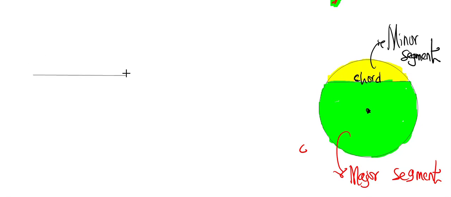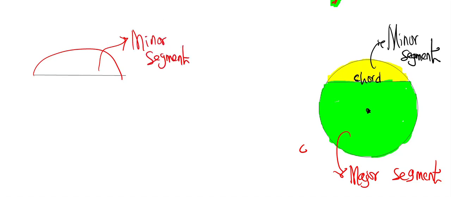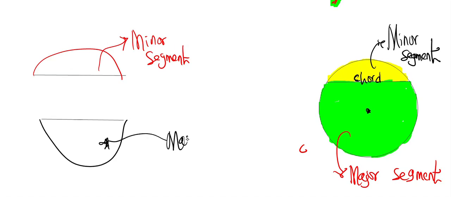Something like this: chord, arc, minor segment, chord, then a bigger arc, major segment. So that's what we have there.